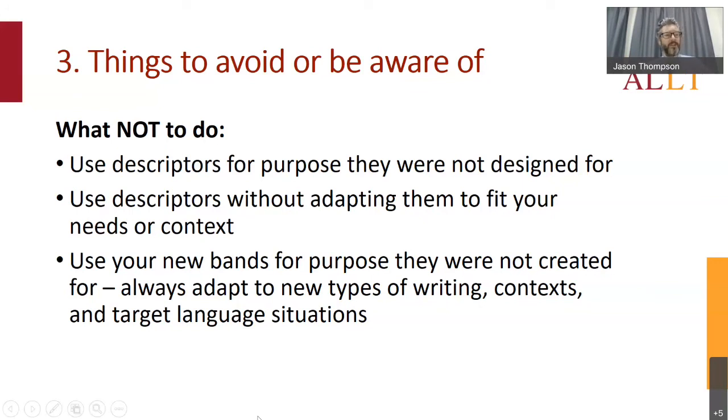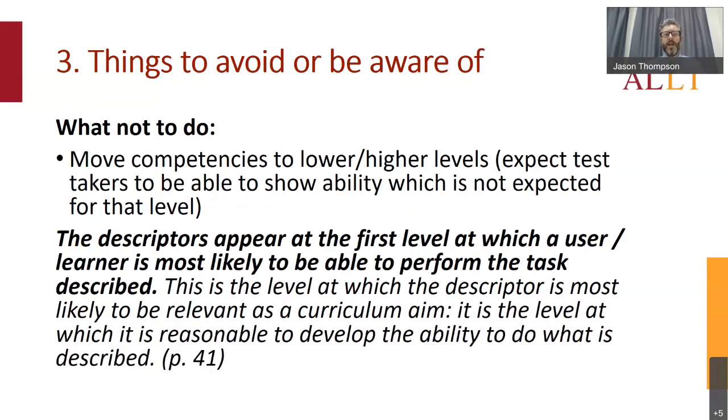When you have created your new bands, make sure you use them for the purpose that they were created for. So if you are suddenly using them for a different task or a different type of writing, then you need to adapt them for those types of writing or the context or any new target language situations. It's also very important that you don't move any competencies to higher or lower levels.